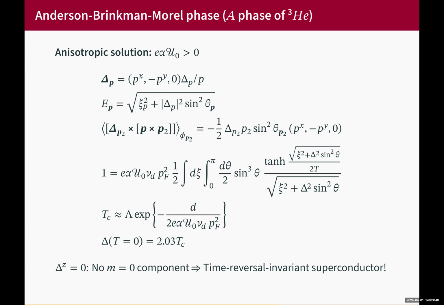In this type of solution, which is very similar to the Anderson-Brinkman-Morel phase, the A phase of helium-3, there is no m equal to 0 component. It's a T plus or T minus phase. So this is a time-reversal-invariant superconductor.